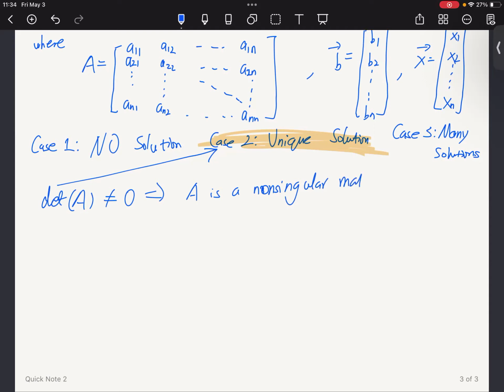So we put such an assumption on the matrix A for the following discussions, because we are focusing on case 2, where we have a unique solution. And if the determinant of A does not equal 0, it also means that A has an inverse.